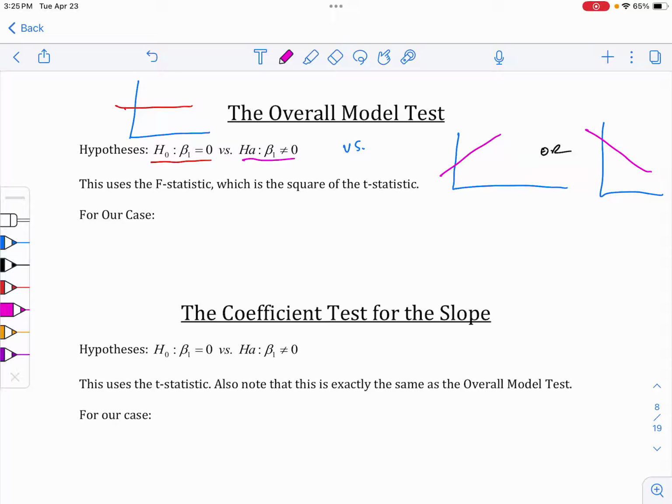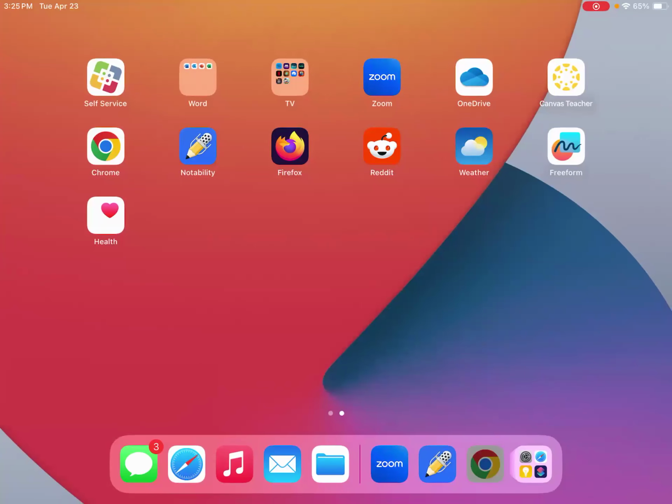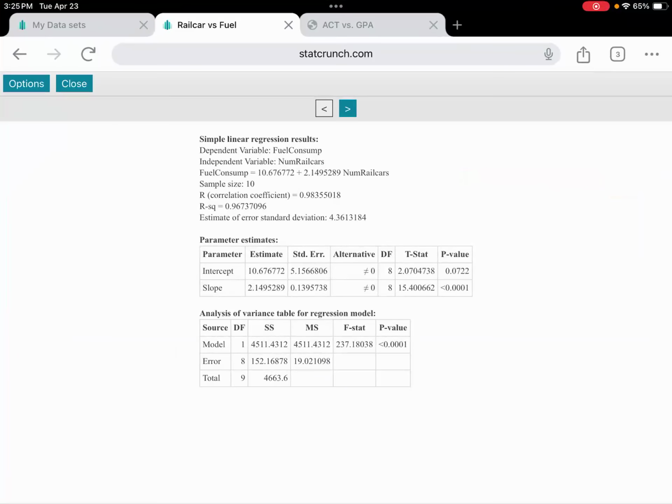All right, so the overall test. The overall test uses the F statistic. In our case, there's only one spot that says F statistic. That's right here. The overall test uses the output from the analysis of variance table, 237.18, and a p-value of 0.